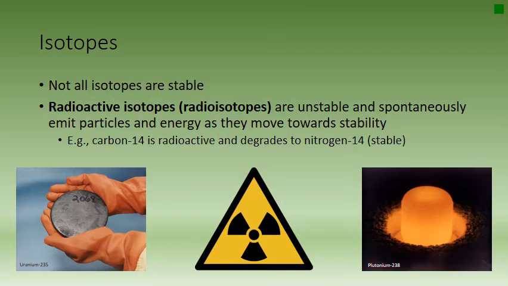They are nuclearly unstable and they spontaneously emit nuclear particles and energy as they decompose into an element that is more stable. For example, carbon 14, although naturally occurring, is radioactive and it slowly decomposes to nitrogen 14.